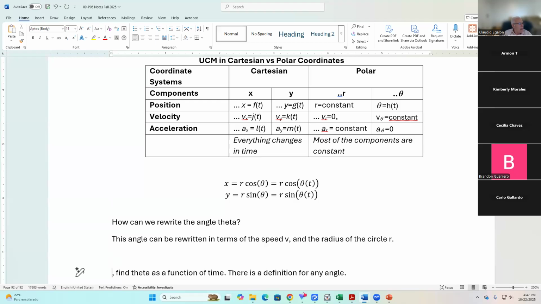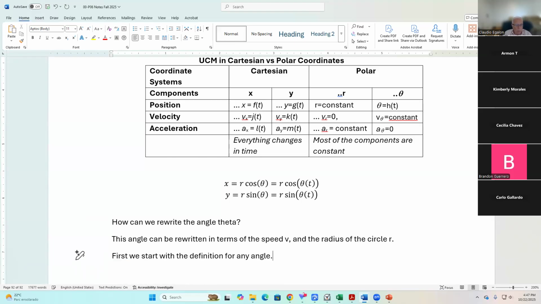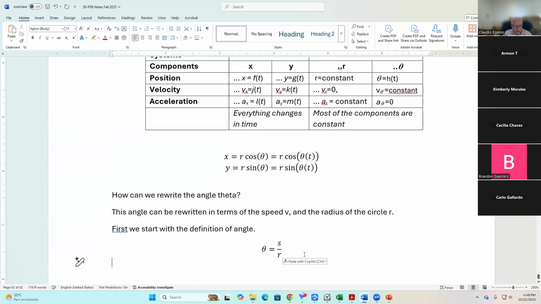First, we start with the definition of an angle. Anybody know the definition of an angle? The definition of an angle is the following. I ended up learning this late in my life, you know.